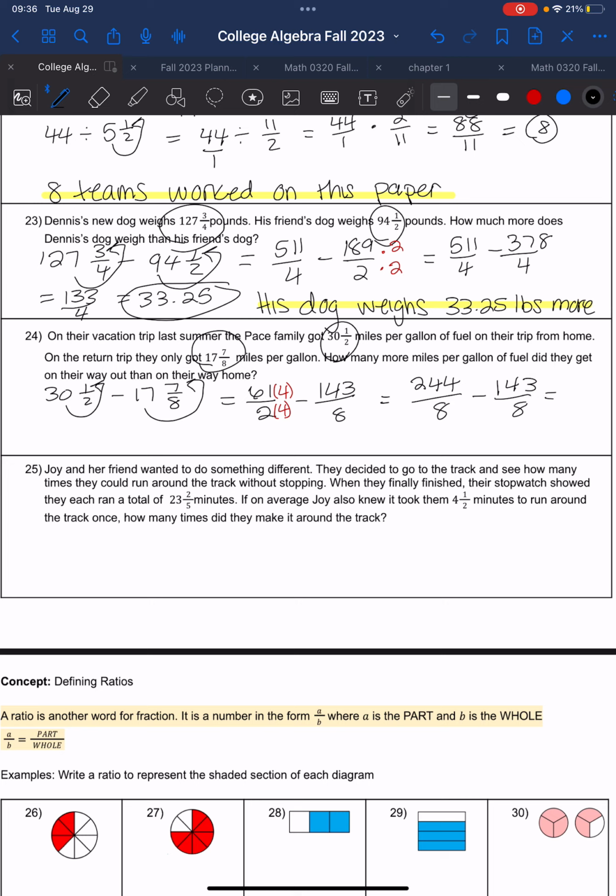Subtracting these two numerators, now that we have a common denominator, we get 101 over 8. And I'm going to go ahead and just see what that is in decimal form. So that is 12.625.